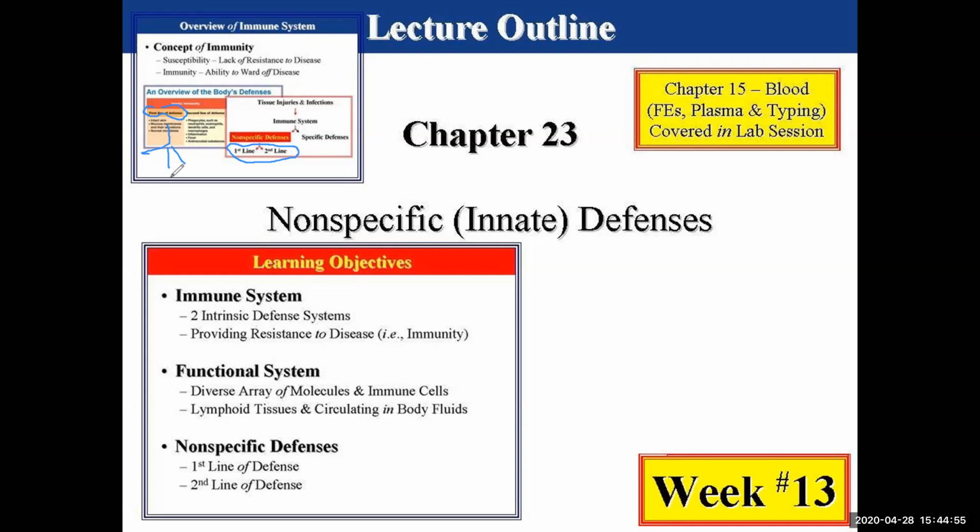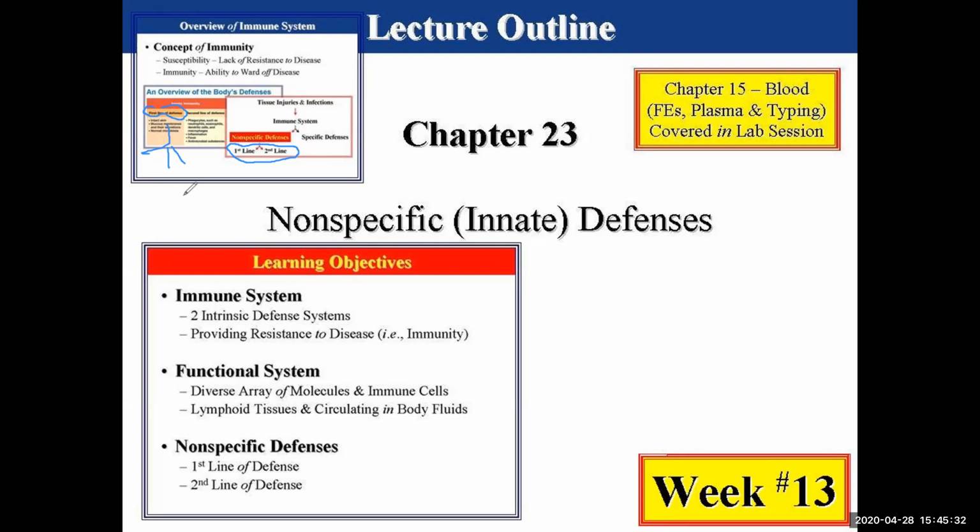The mucous membranes and their secretions provide us with protection. They can impede entry of pathogens, agents causing disease for humans.